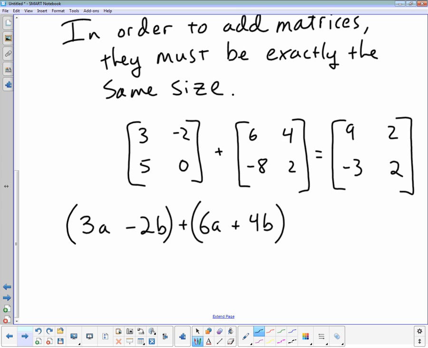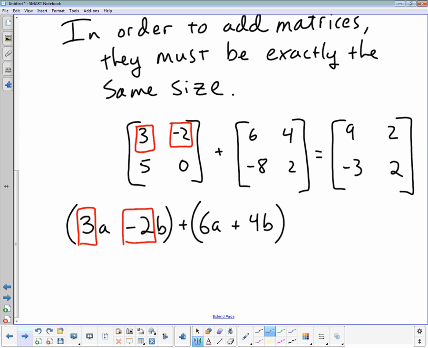The A's and the A's, the B's and the B's, because remember, each of those A's and B's represents a variable. And all I've really done is written coefficients as elements of my matrix, okay?